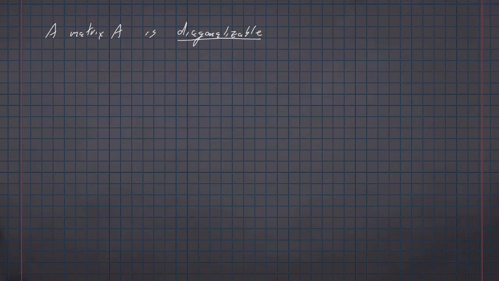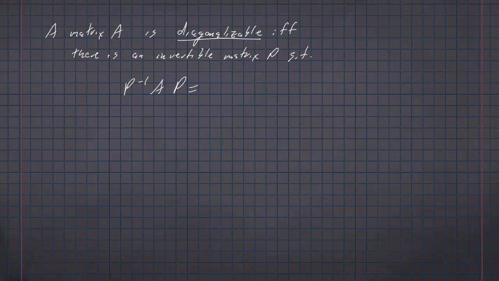Matrix A is called diagonalizable if and only if there is an invertible matrix P such that P inverse times A times P is equal to some new matrix D, where D is a diagonal matrix.